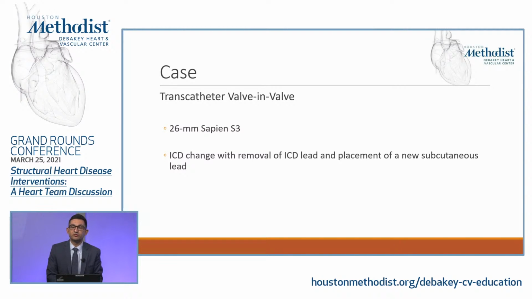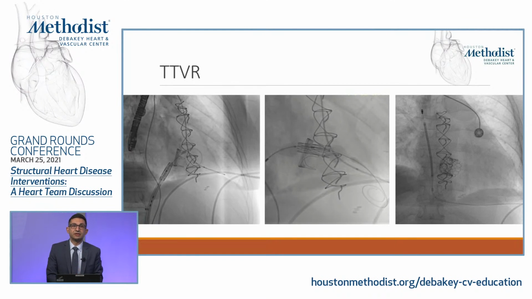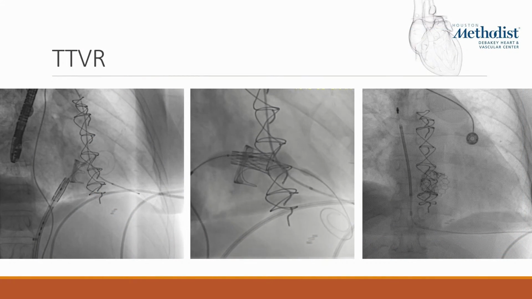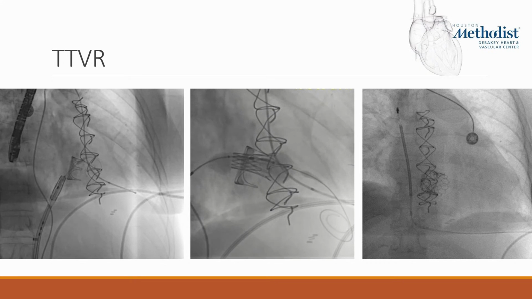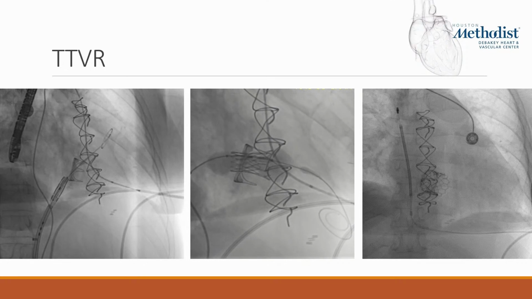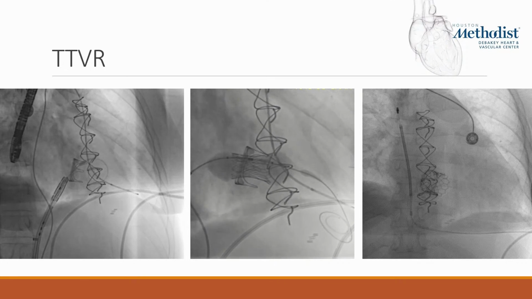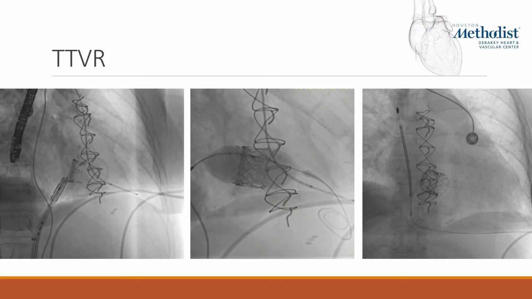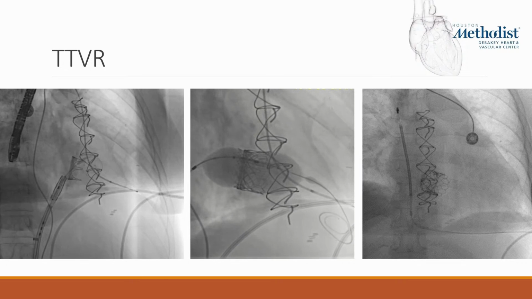The ICD lead was removed, and post-procedure a subcutaneous ICD lead was placed by our colleagues in electrophysiology. These are the live fluoro images from the implantation. On the left side image, you can see that the guide wire is first sent to the RVOT and then brought to the RV apex.